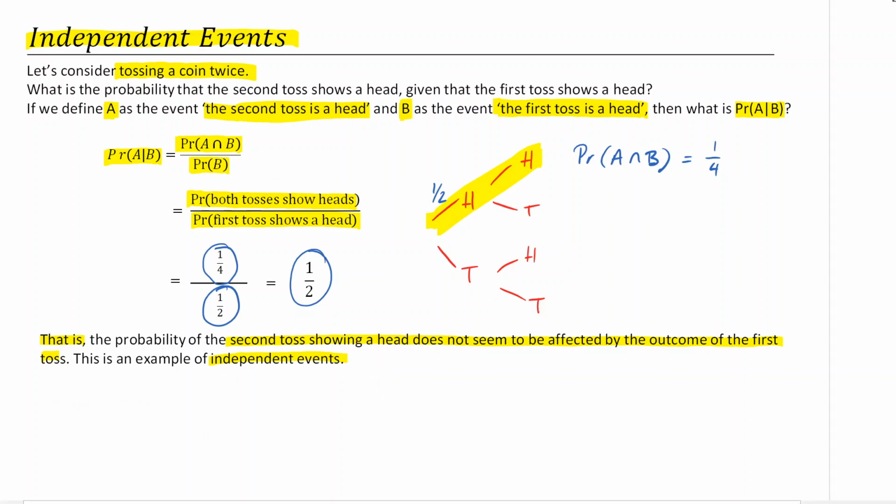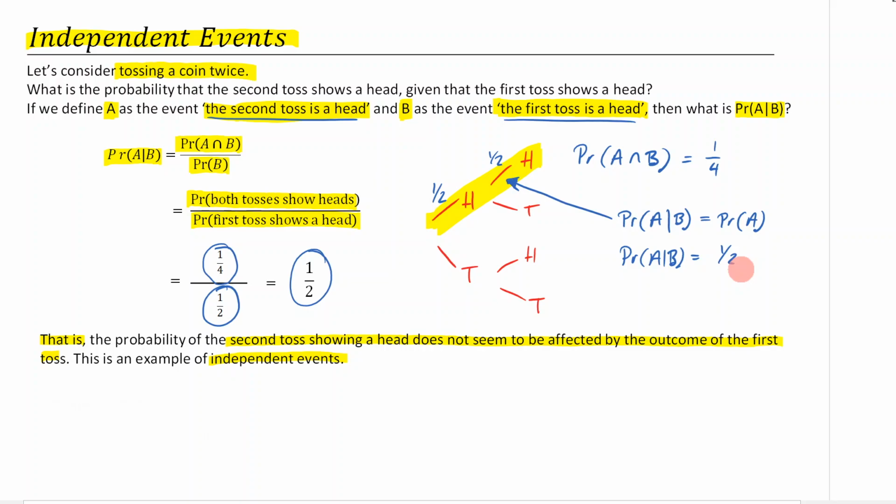If we're to dive into this a little deeper, what we're trying to get here is this: the probability of tossing a head a second time, which is A, given that the first toss is a head, which we've defined as B. But we know that's simply going to be the probability of A, the second toss is a head, because it's just 50-50 chances every time. We know the probability of A given B is simply going to be a half.